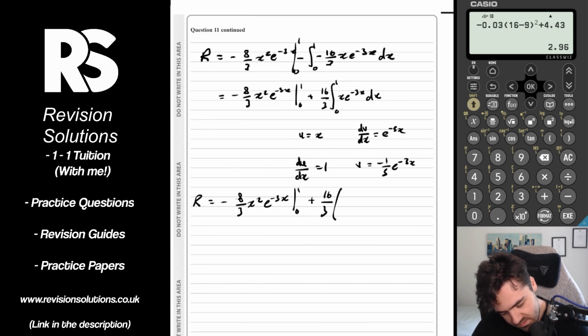So u times v again, that's -1/3 x e to the -3x, and then we've got minus the integral of this times this, which is going to be a double minus, so let's preempt that double minus and put it as a +1/3 times the integral of e to the -3x, pulling that third out ahead of time.